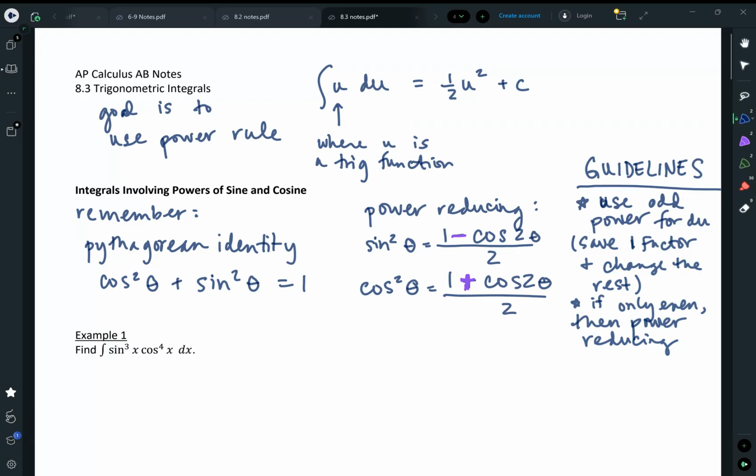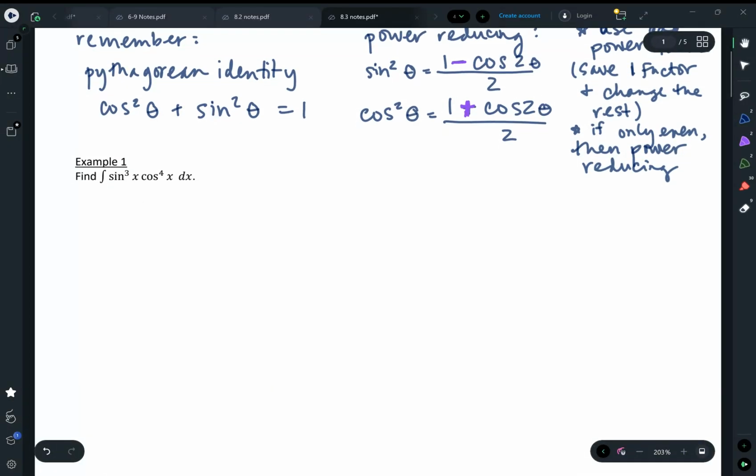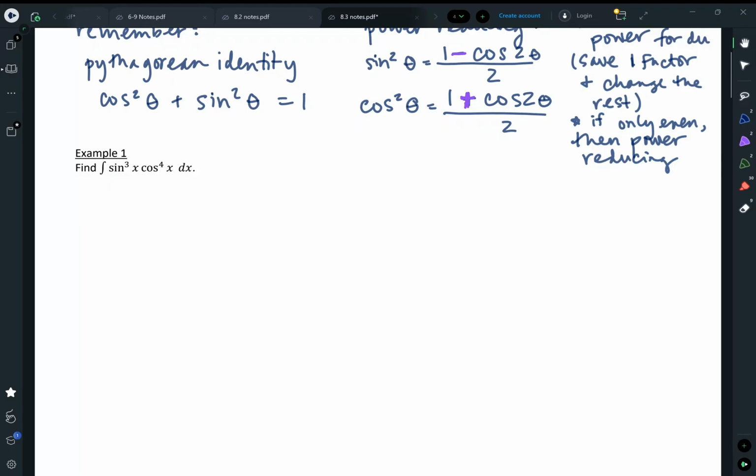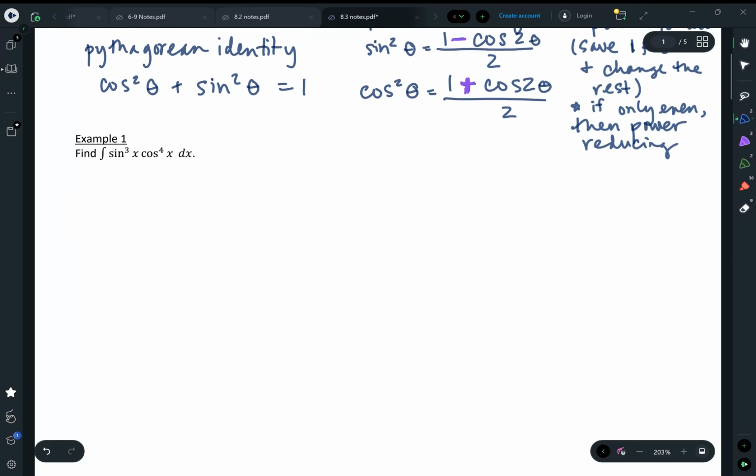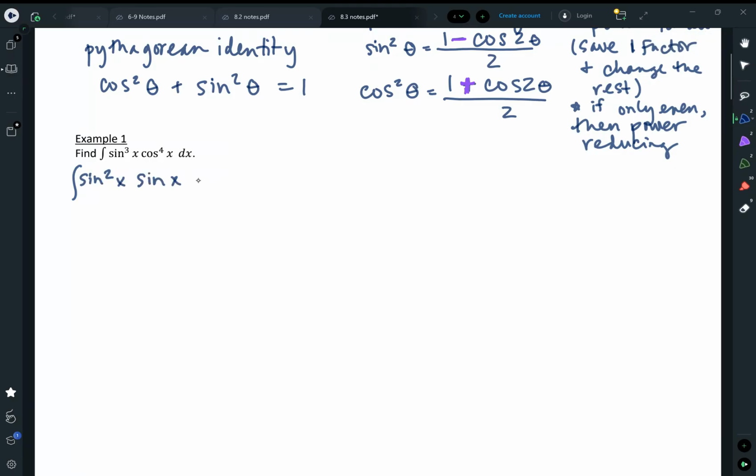All right, so let's go ahead and look at this. If I have sine cubed, that's my one that's odd. So I'm going to take that sine cubed and make it sine squared x times an extra sine x times cosine to the fourth x dx.